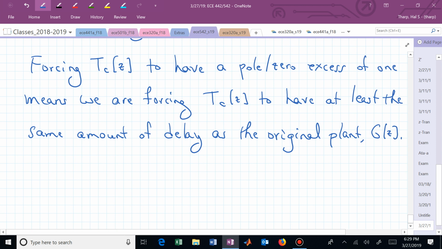And now you can work through that if you wanted to. Now you have Y of z is equal to T sub c of z R of z.